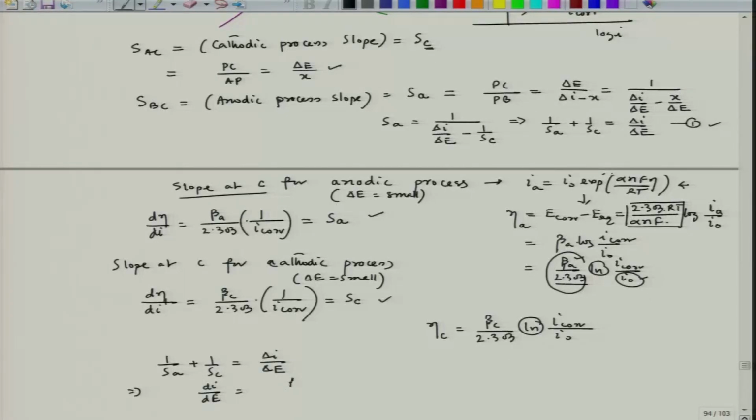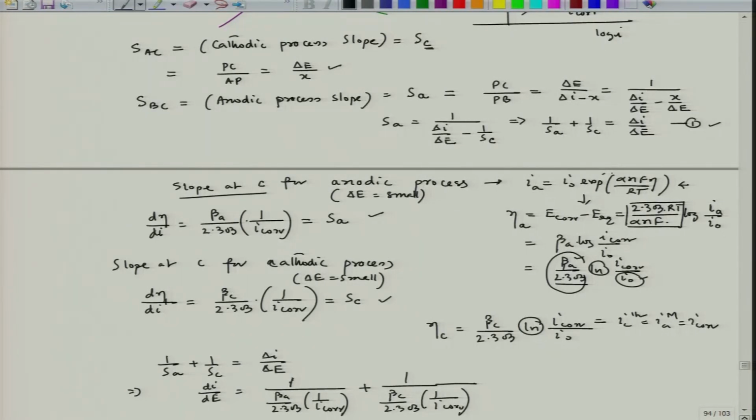So, 1/(β_A/2.303 I_corr) plus 1/(β_C/2.303 I_corr), and here I_corr I can put because I_C hydrogen equal to I_A metal equal to I_corr.